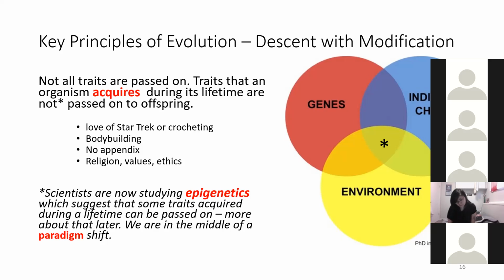Okay. And we are in the middle of a paradigm shift, because when I went to school, this was not an option. Nobody ever heard of that or thought of that. It was genes and that was it. You were stuck with it. And now we're seeing more and more evidence that maybe the environment can affect heredity. So that's a paradigm shift. So a change in ideas.